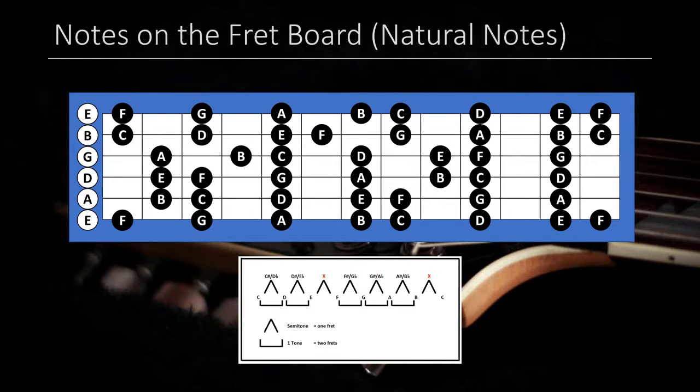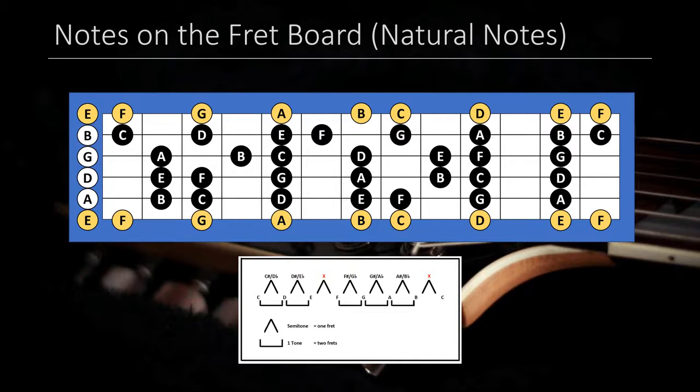So A, miss a fret, and then 2nd fret B. But then if you look on the chart below, B to C is only a semitone, it's 1 fret. So you move down 1 fret, and then 2 steps, 2 steps, 1 step, 2 steps, 2 steps, and it carries on. And you've got this same pattern all over the fretboard.